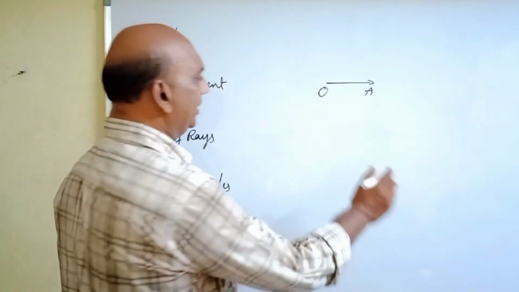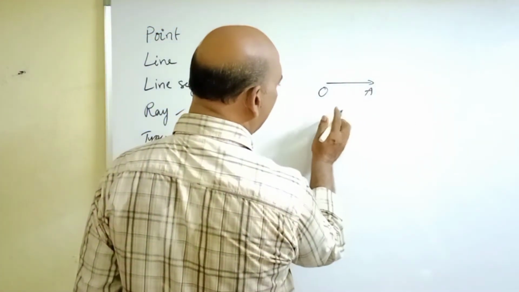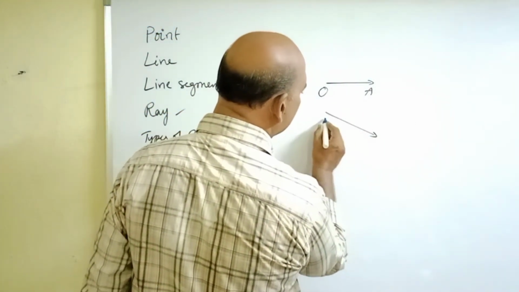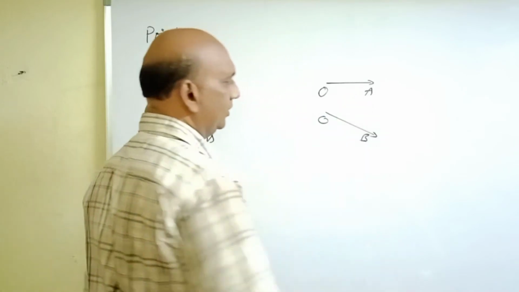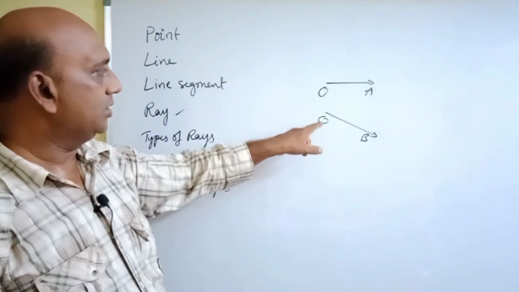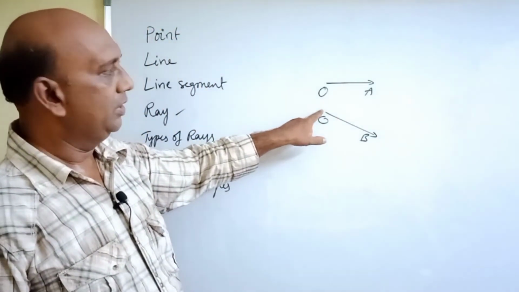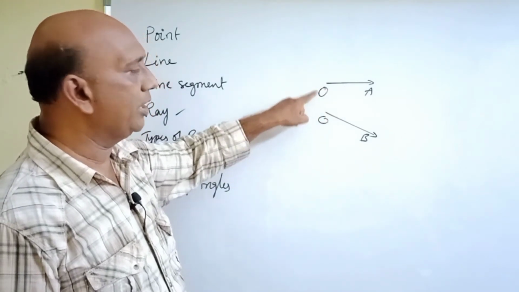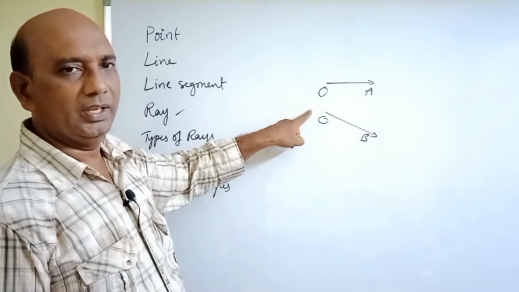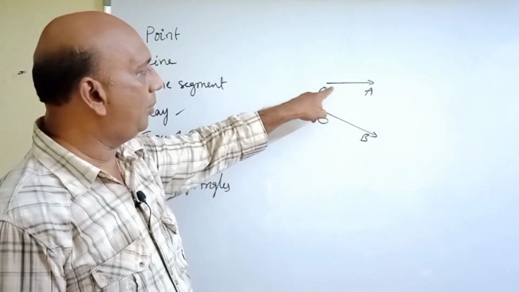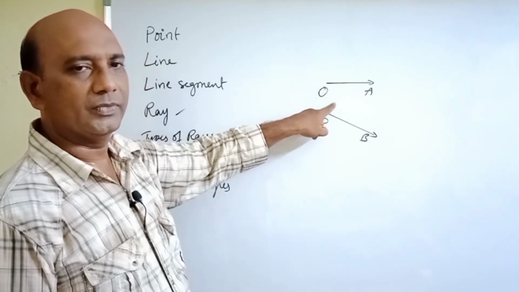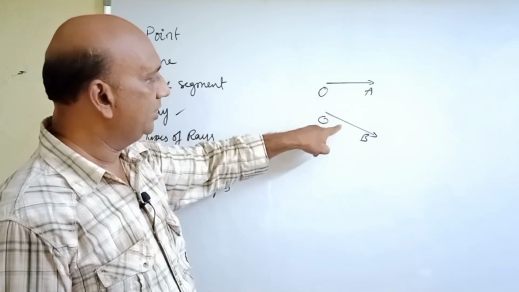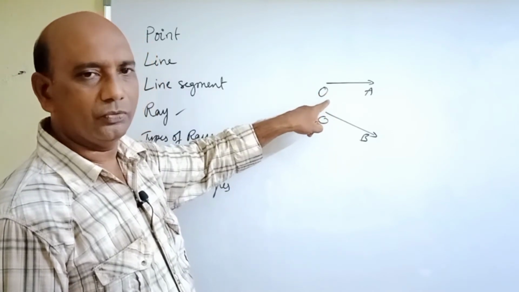And let us take another ray, that is OB. Its endpoint is also at O. That means these two rays have a common endpoint O. These are the two rays which have common endpoint O.